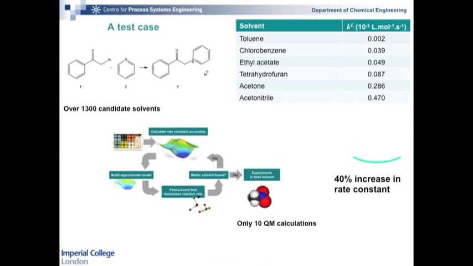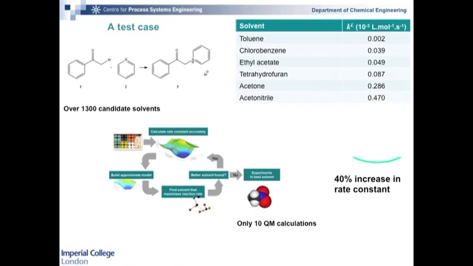We've applied it to a couple of reactions now. And the first one we looked at was a Menshutkin reaction of phenacyl bromide and pyridine here. We chose this reaction because it's very well known to have large solvent effects. And we started with a fairly large solvent design space of 1,300 molecules. And we started doing accurate calculations in a few solvents. And you can see, this is the rate constant.